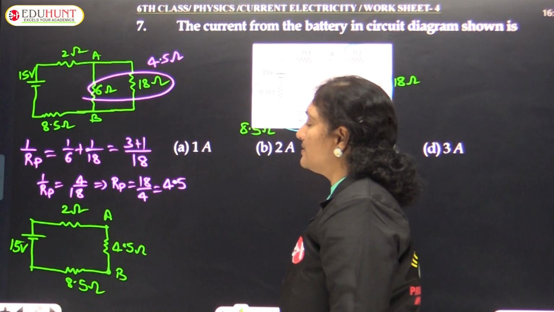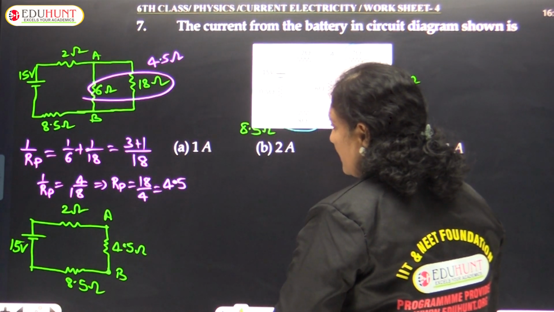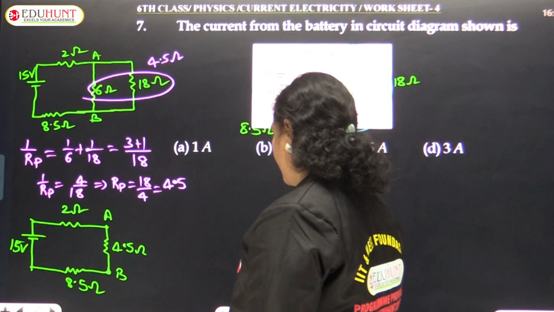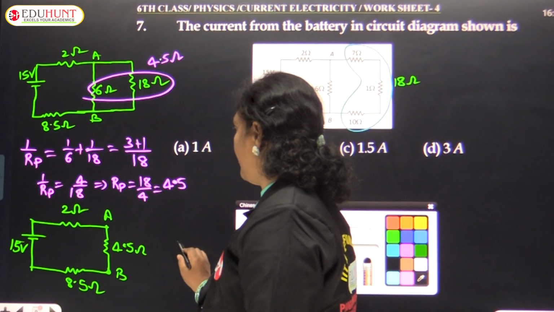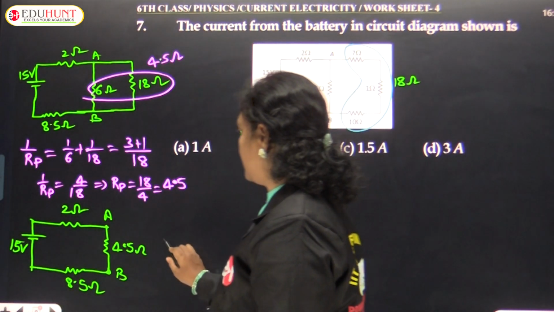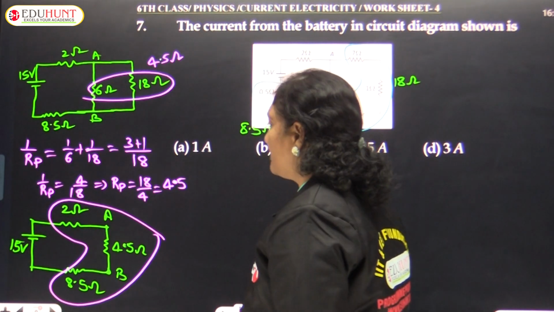3 different resistors connected in series means the total resistance is found to be 2 plus 4.5 plus 8.5. Hence, the simplified case will be 2 plus 4.5 plus 8.5 together, which is how much, children?